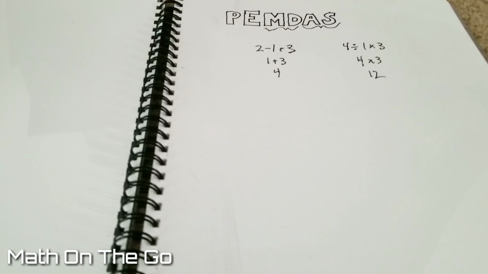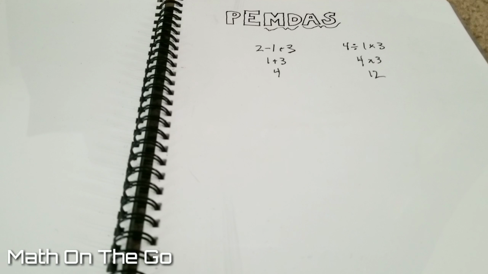So the gist of it is when you're down to just addition and subtraction, you go from left to right. And same with multiplication and division, work left to right. That seems to be what throws off most people when they're faced with a problem such as one of these two that I have written down, or any other math problems that involve order of operations. Just because the M comes before the D in PEMDAS does not always mean that you do multiplication first.